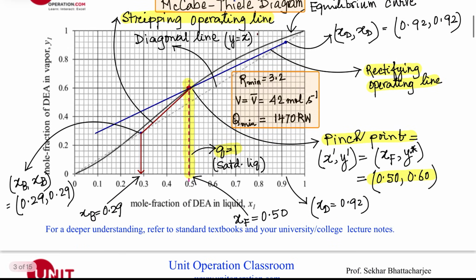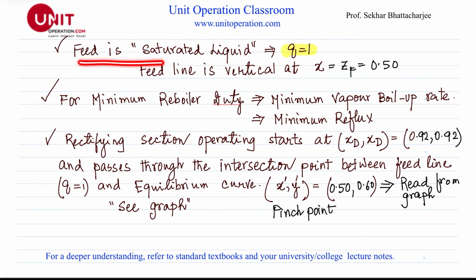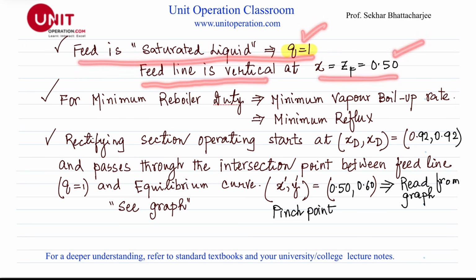So let's draw the McCabe-Thiele diagram, very standard. This is my diagonal line here, and this is the equilibrium curve which is given. We said feed is a saturated liquid, therefore q is equal to 1. So the feed line is going to be vertical at 0.50.